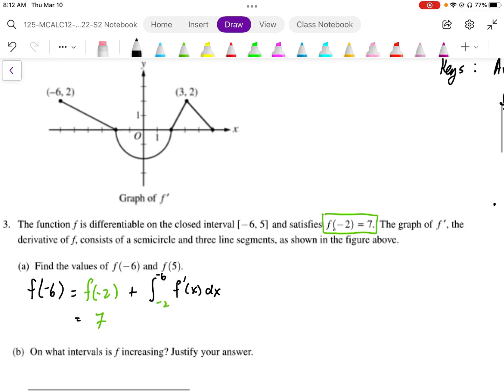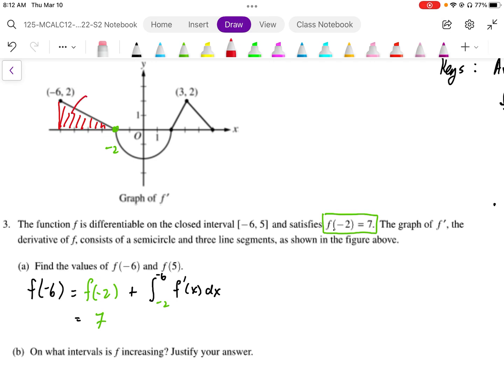So then going to our graph, we're going to start at -2. That's our starting point, -2. So everything to the left of that is going to be opposite. Everything to the right is going to be above is positive, below is negative. So we're going right to left. So this area that we're going to find here at -6, this area is going to be negative.